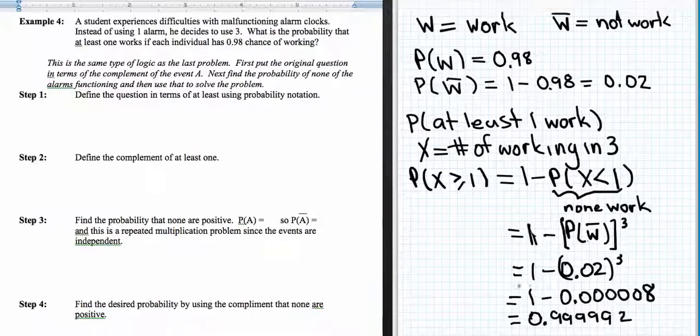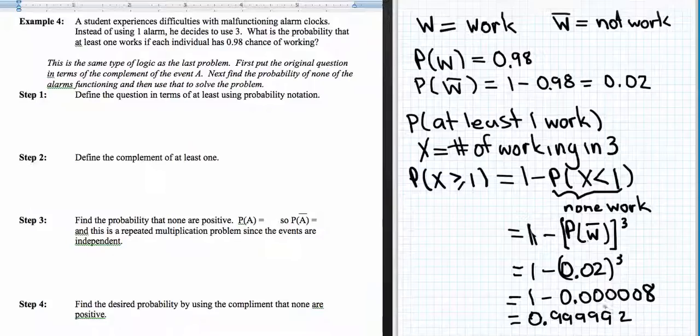The probability is so high that if the student said, "Hey, professor, I missed my test today because guess what? I used 3 alarms and all 3 of them didn't go off." You're going to go, "Really? You have a probability of 0.000008 that all 3 don't work and you don't get up to go out to test on time?"